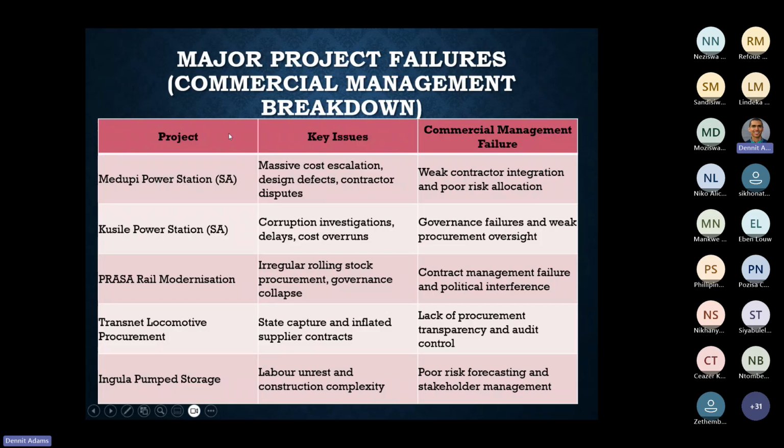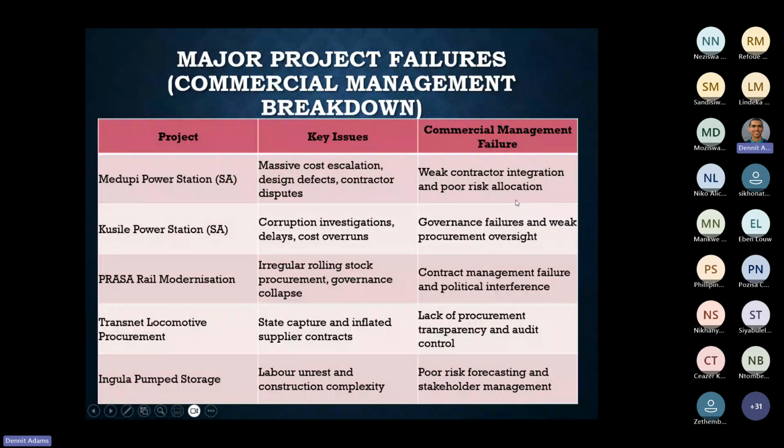So if we think about what the key issues are, and you want to do a quick analysis. The key issues here, as I said at the top, are massive cost escalation, design defects, contractor disputes. If you link it to the commercial management side of things, it's weak contractor interaction and poor risk allocation.